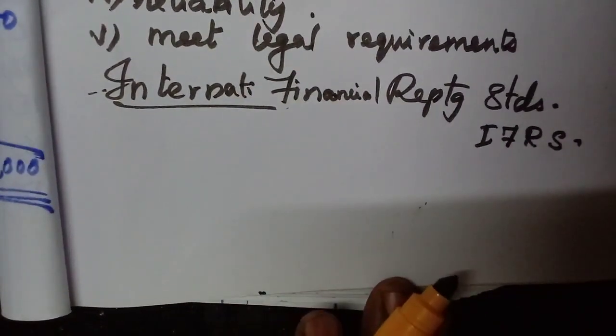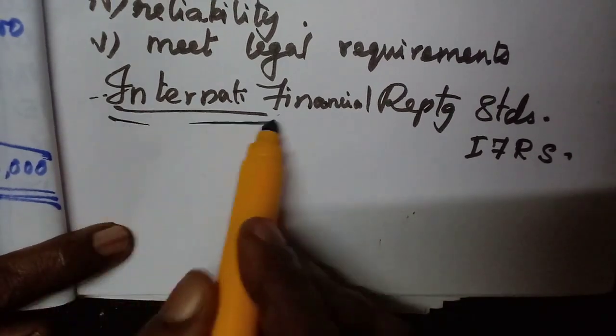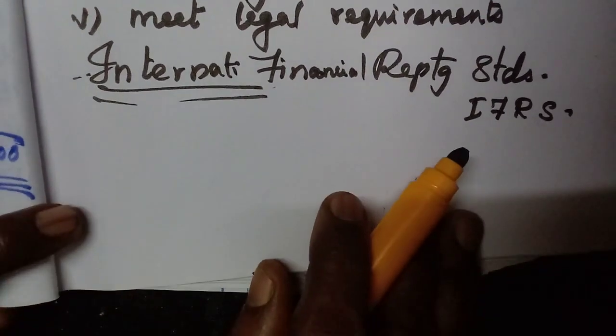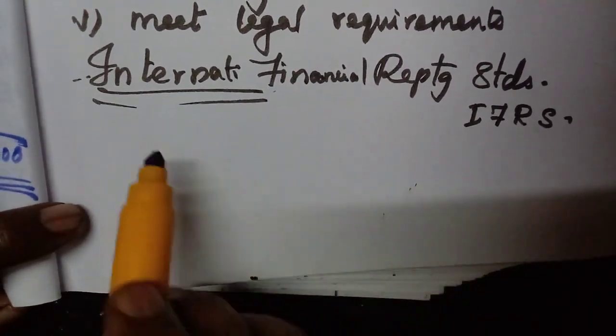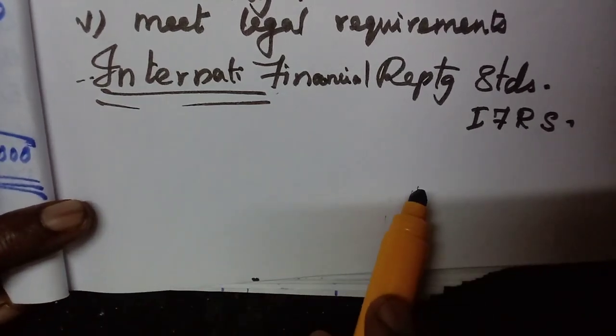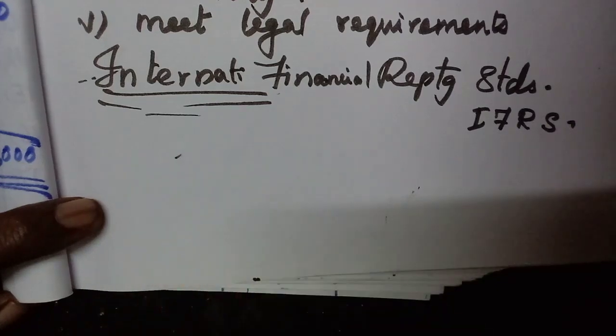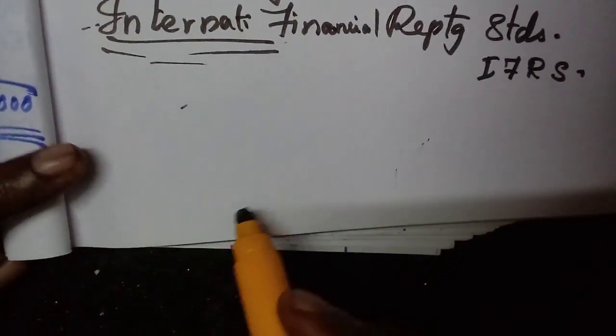Commonly we have studied what is accounting standard. Now internationally, which organization is framing these policies, who is issuing these accounting standards internationally, that we are going to learn. Then we will learn about our Indian standard.